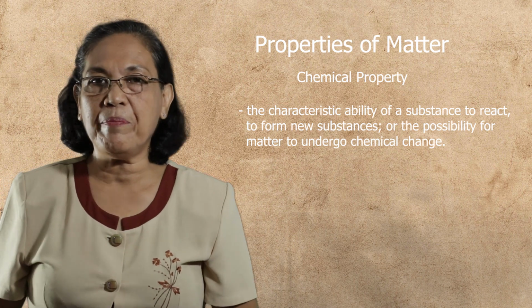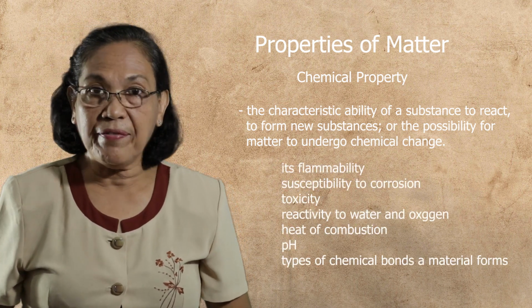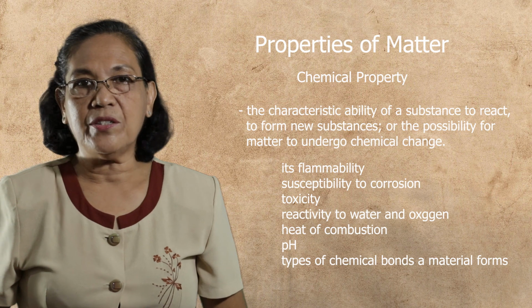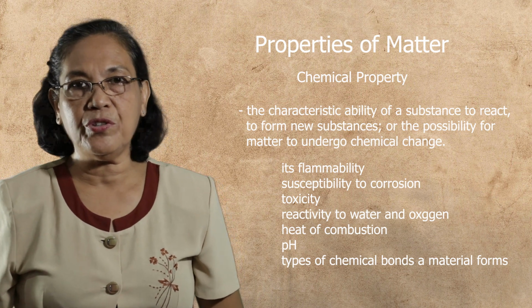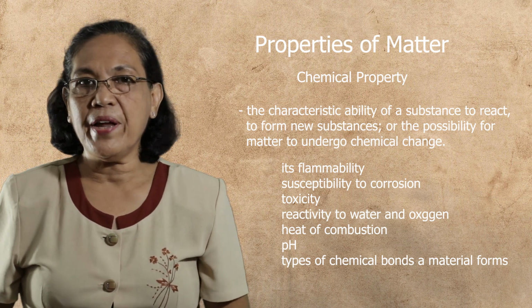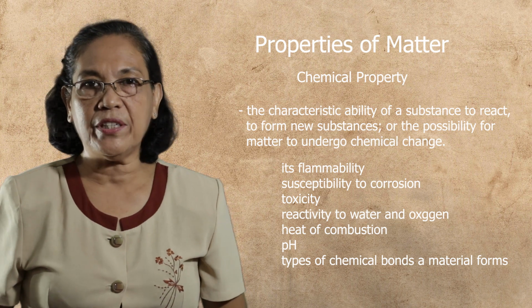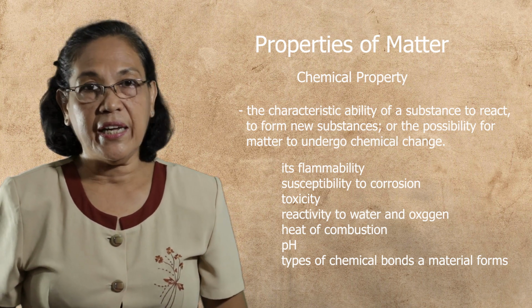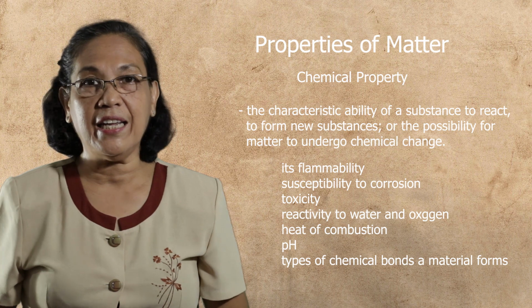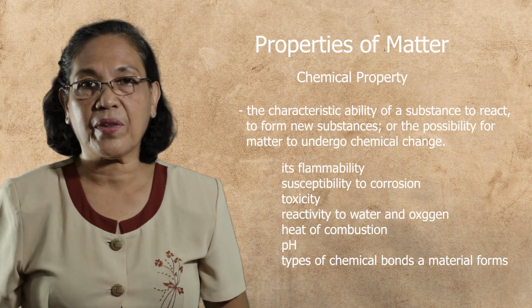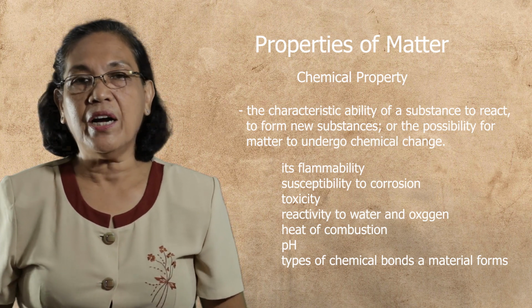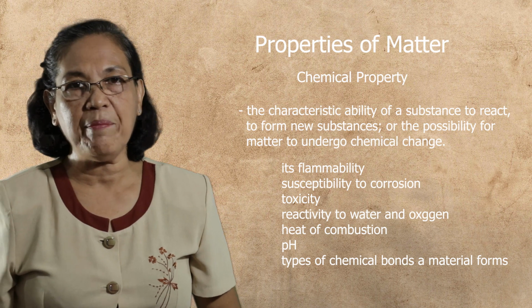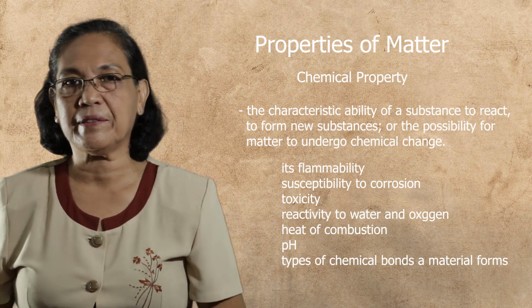Examples of chemical properties are its flammability, the susceptibility to corrosion, its reactivity towards water and oxygen, its toxicity, and its pH. Now, those are the physical and the chemical properties of matter.